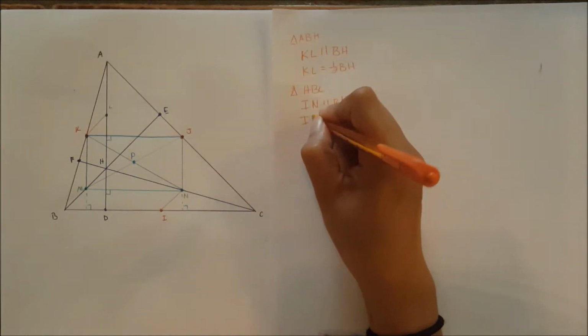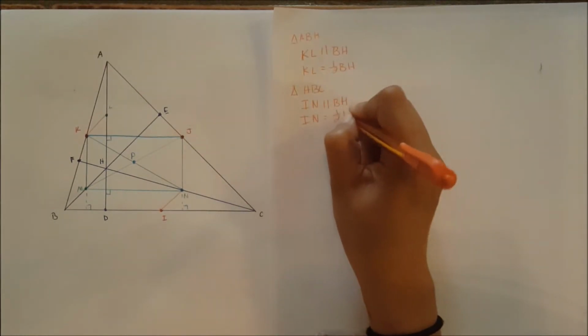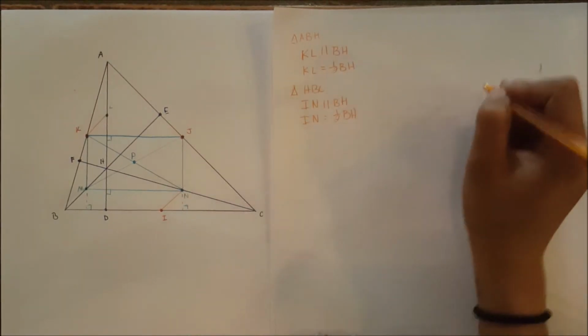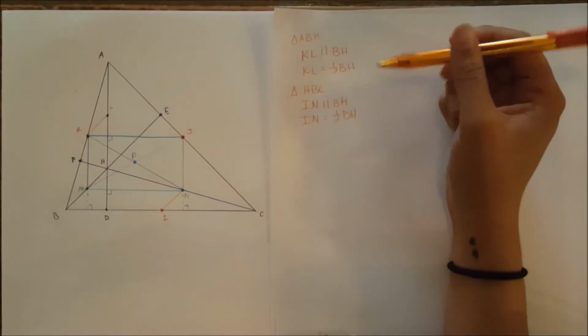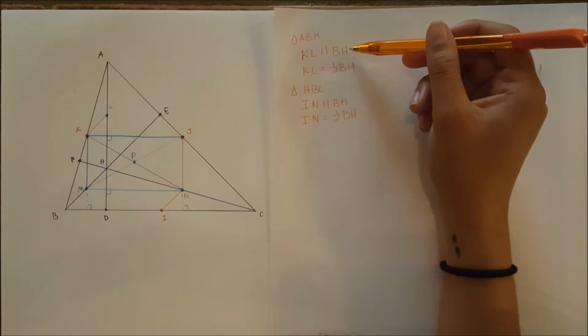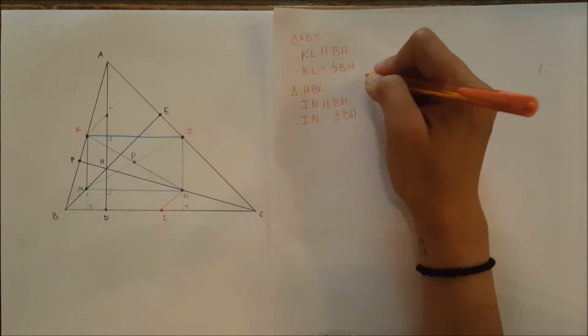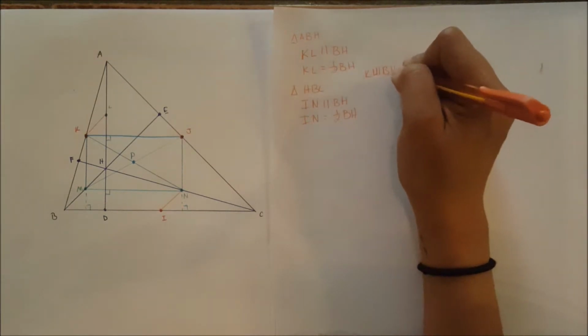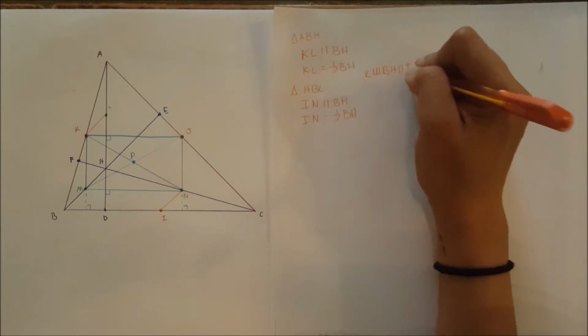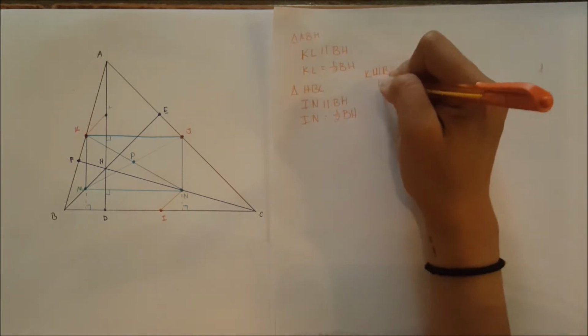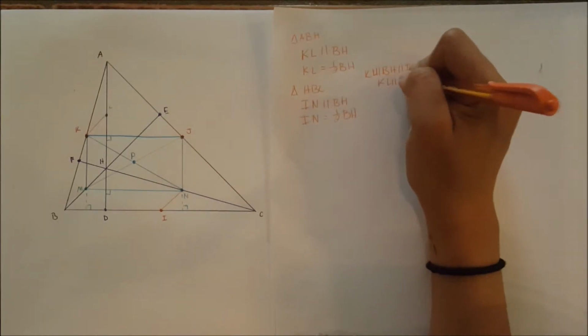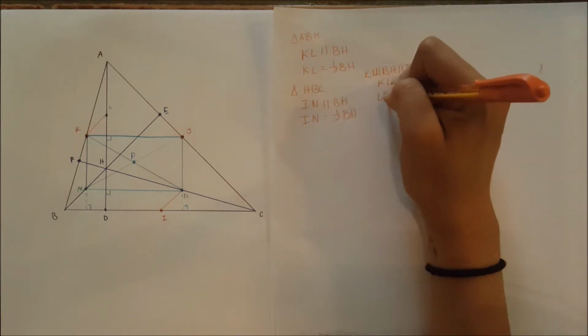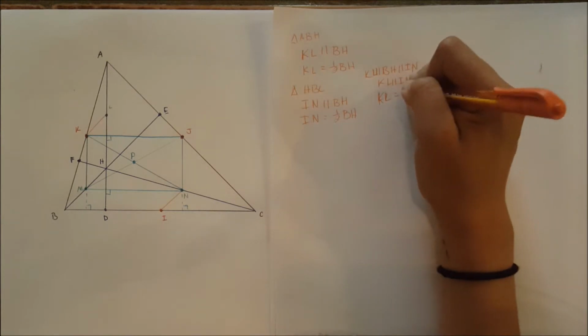So IN is also equivalent to half of BH. So through these notes, we can see that KL is parallel to BH. It is also parallel to IN. And KL is also equivalent to IN.